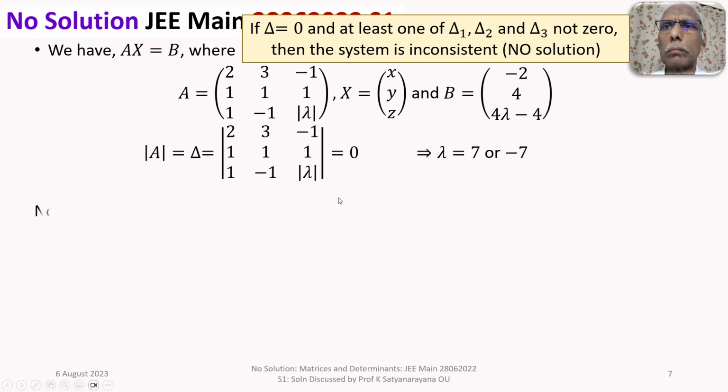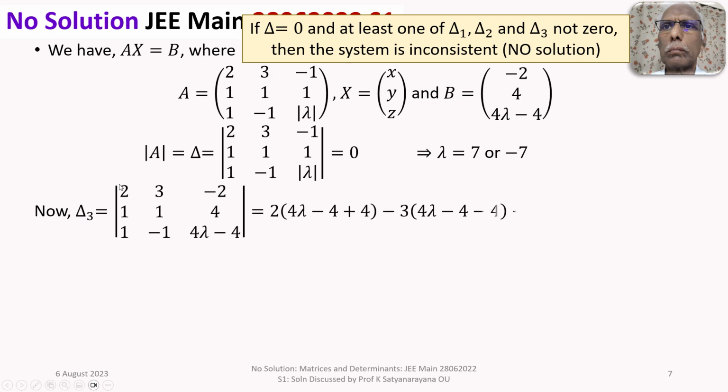So consider delta 3, which is the same as delta with the third column, minus 1, 1, mod lambda, replaced by column vector B, that is, minus 2, 4, 4 lambda minus 4. Now expand this determinant by its first row. This is the expansion. Simplify, and we get minus 4 lambda plus 28.